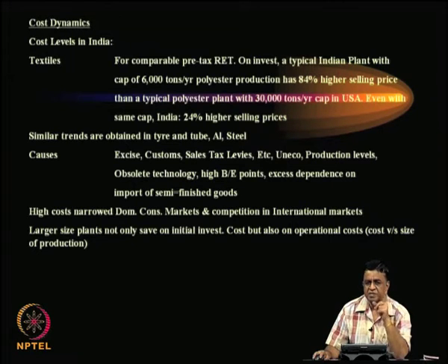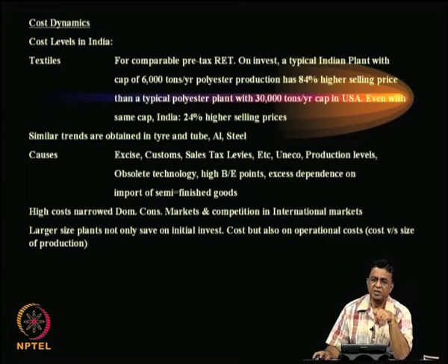In India it is 6,000 tons per year, whereas in the USA it is 30,000 tons per year. So, 5 times more. That is, you can establish a plant which can have 5 times higher capacity, that is 500% more.